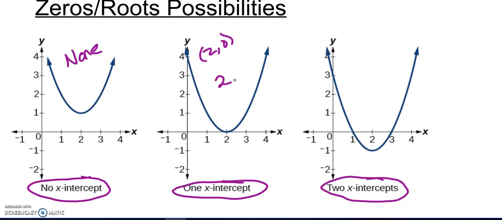And then for the last one, the two roots lie at 1 and 3. So you could either say (1, 0) and (3, 0), or 1 and 3. So just two different ways to identify zeros or roots of a quadratic.